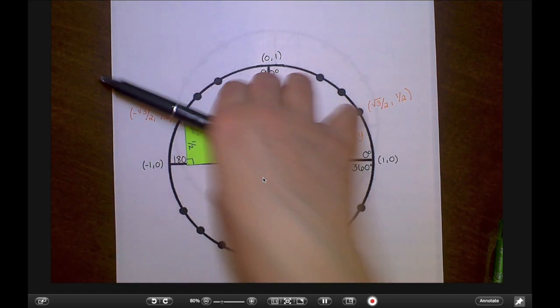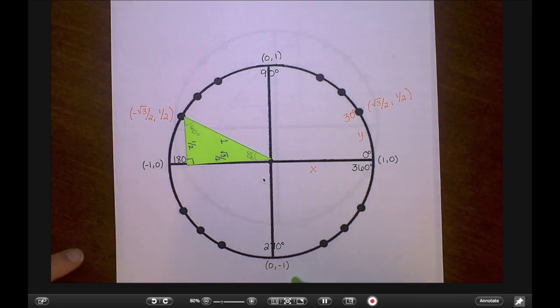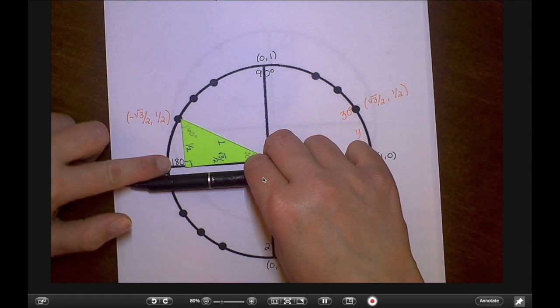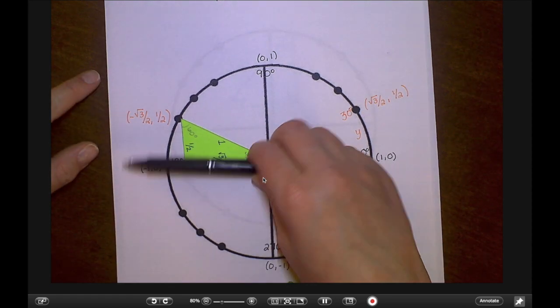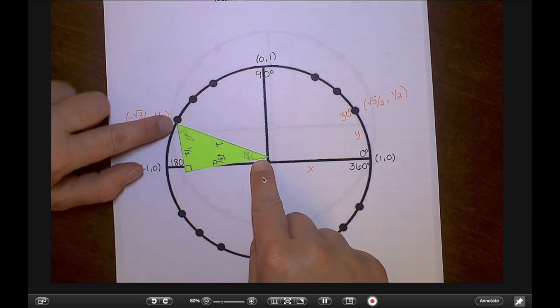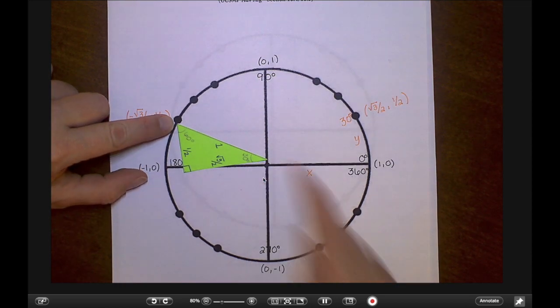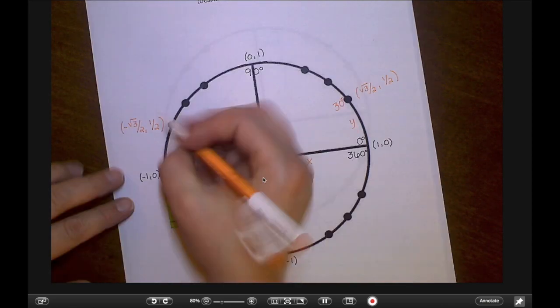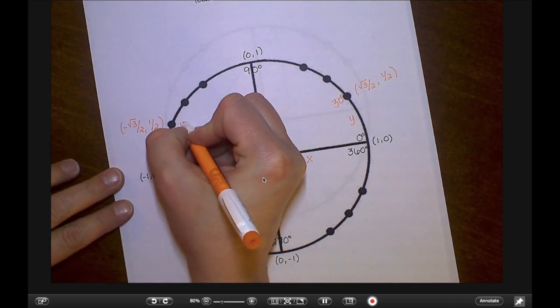And I think the easier way to think about it is to think about it as starting at 180 degrees, which we know is right here, and going backwards 30 degrees. That's what's happening here, is I'm at 180 and I'm going backwards by 30, okay? So 30 degrees backwards from 180 is 150.